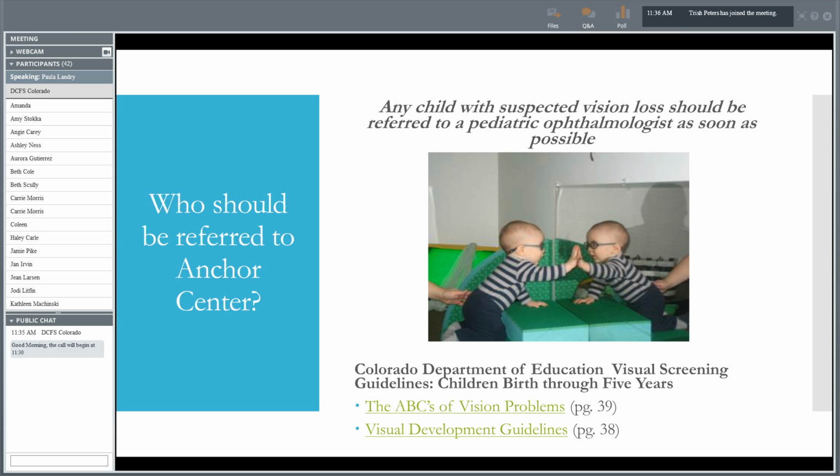I'm going to go through the ABCs of vision problems and the visual development guidelines pretty quickly. When you have the copy in front of you, it's pretty straightforward, just bulleted points and then a checklist. The ABCs of vision problems: A is appearance, B is behavior, and C is complaints. It's a short list of things to look for.